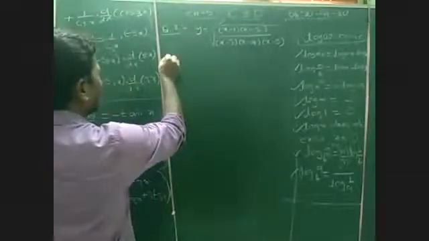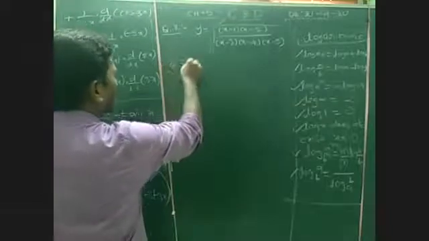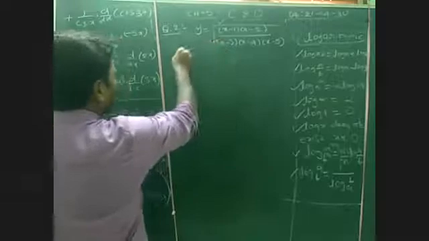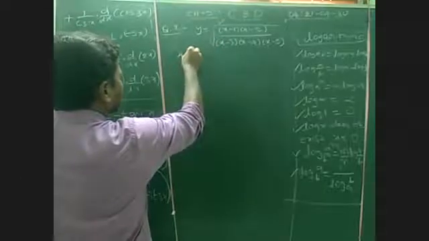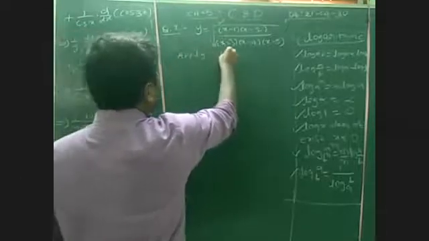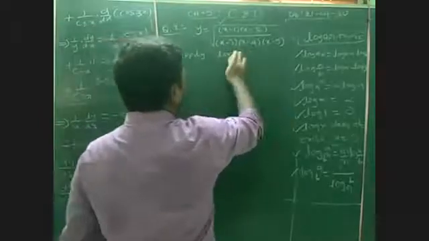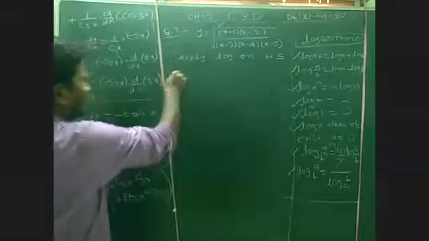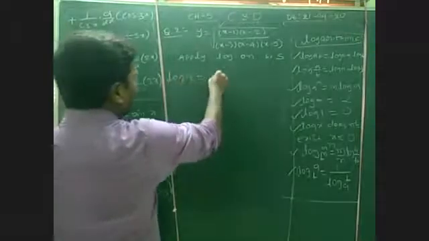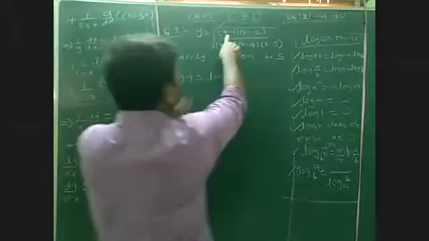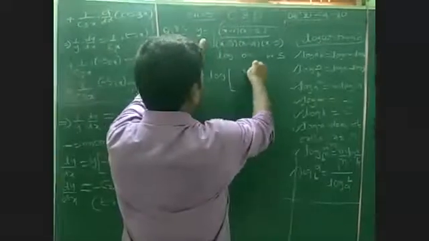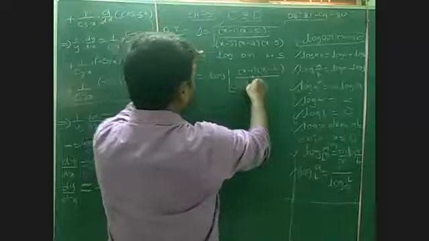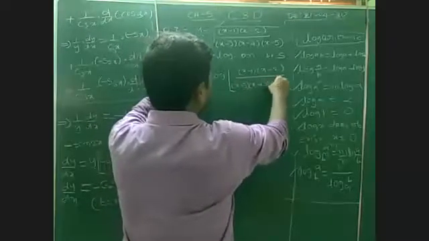Now, what is the given function? Y is equal to, apply log on both sides. Log y is equal to log of x minus 1, x minus 2 by x minus 3, x minus 4, x minus 5.